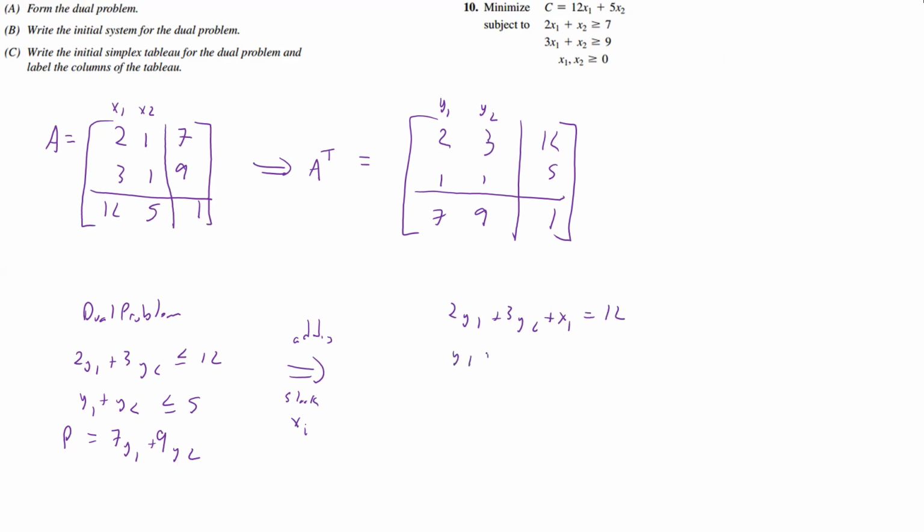And we have y1 plus y2 plus x2 equals 5. And we take those to the other side. So we have minus 7y1, minus 9y2 plus P equals 0. And we have all of our variables, y1, y2, x1, x2, all greater than or equal to 0. Okay, so that's our system.